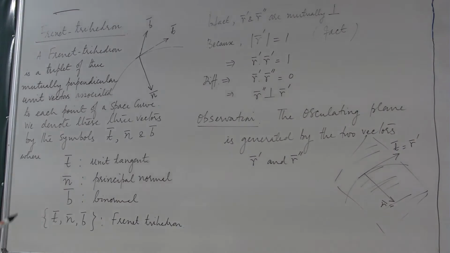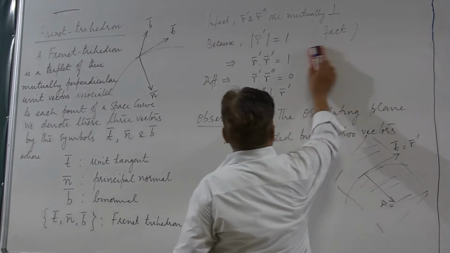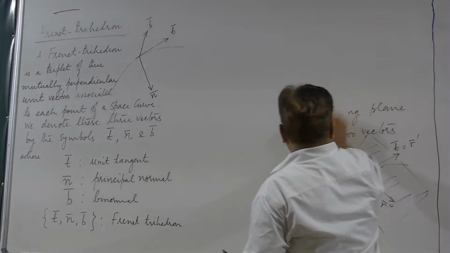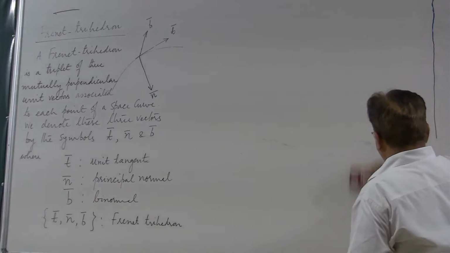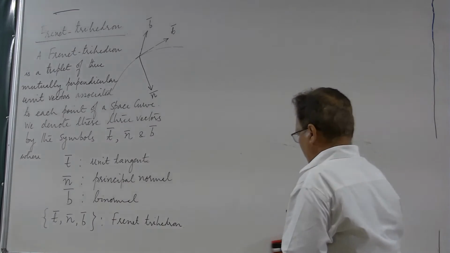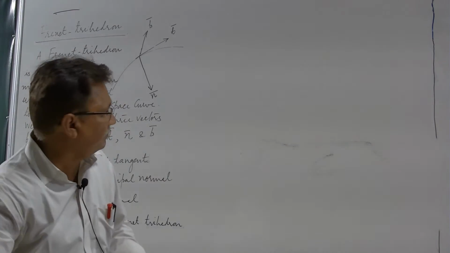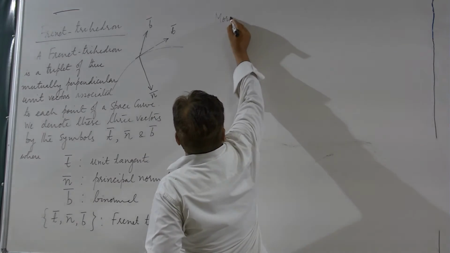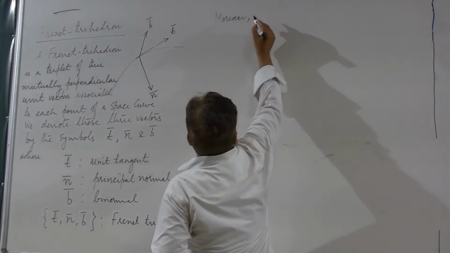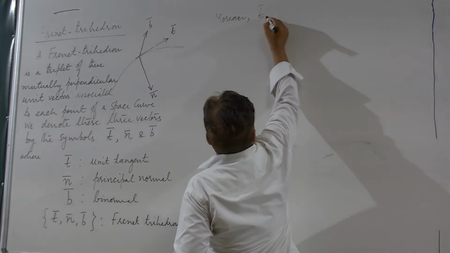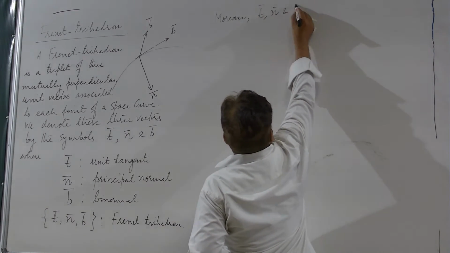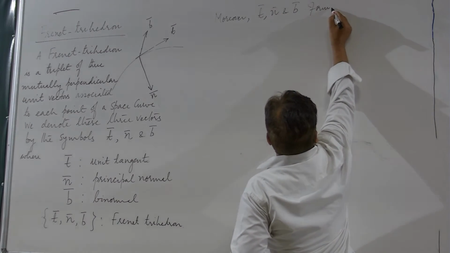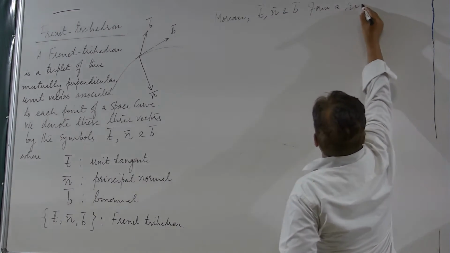There is another important thing about the Frenet trihedron, which is this: these three vectors form a right-handed system. So, moreover, T, N and B form a right-handed system.